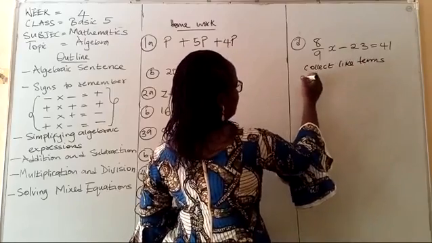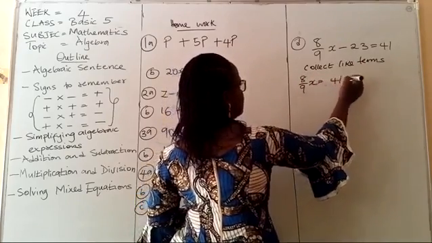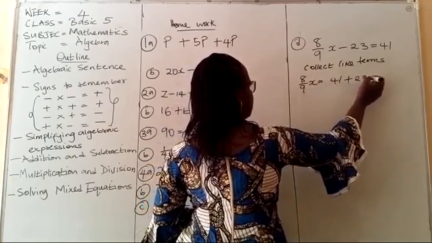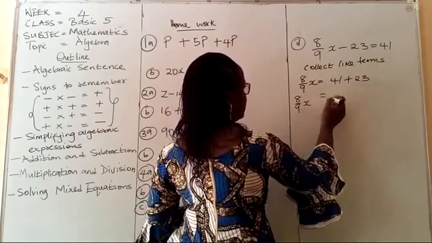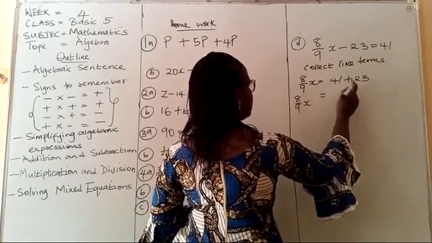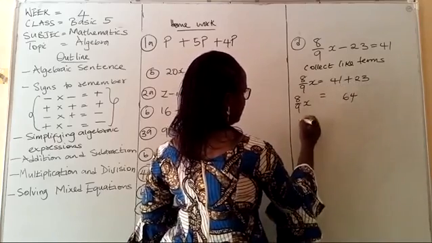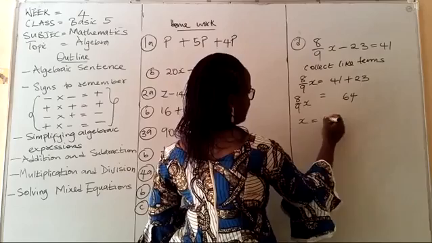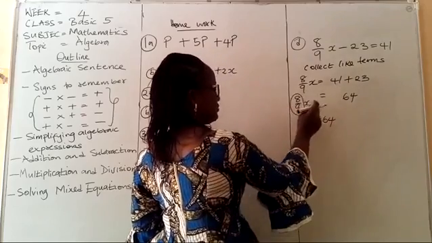So we have 8 over 9 s equals 41 plus 23. Now here we have this plus this. 1 plus 3 will give us 4. 4 plus 2 gives us 64. Now we have s. We have 64. Now this is multiplying this.